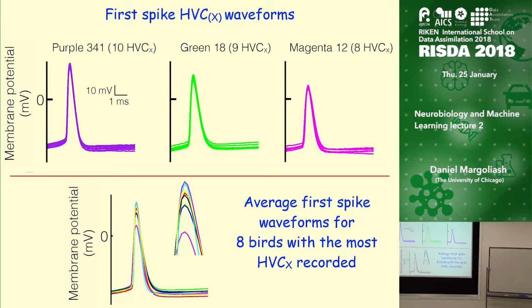If we now look at the actual shape of the spike waveform, which in principle shouldn't be carrying any information, we don't think about it that way, except for, well, I'll get to it in a moment. Here are now, for 10 cells in a different bird, overlaid spikes. And they all look really similar to each other.